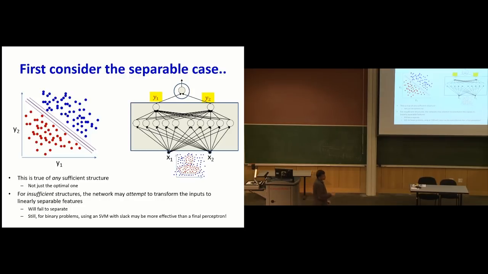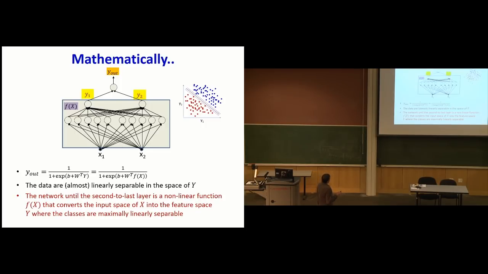The first portion of the network is going to try to generate linearly separable features, and the final classifier is going to try to separate them. But the whole decomposition, that the early portion of the network is trying to separate these features out into separable regions, still holds, right?